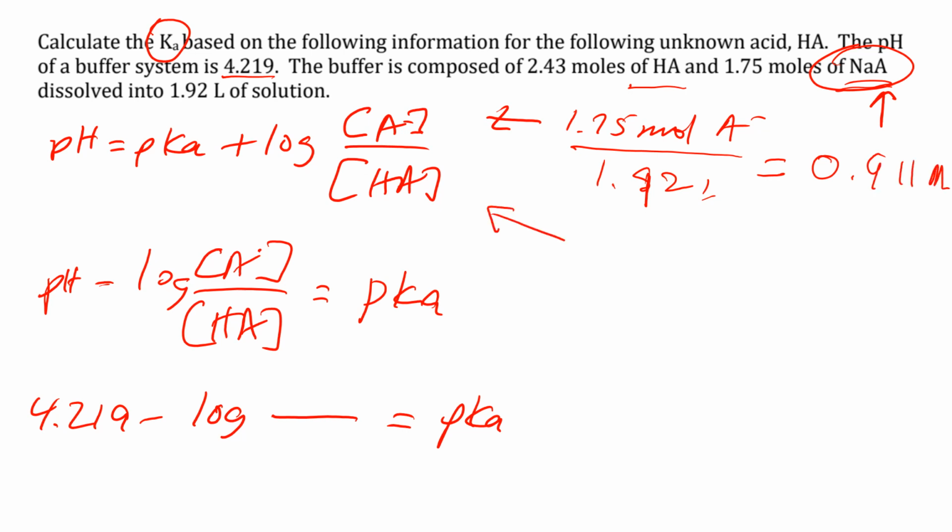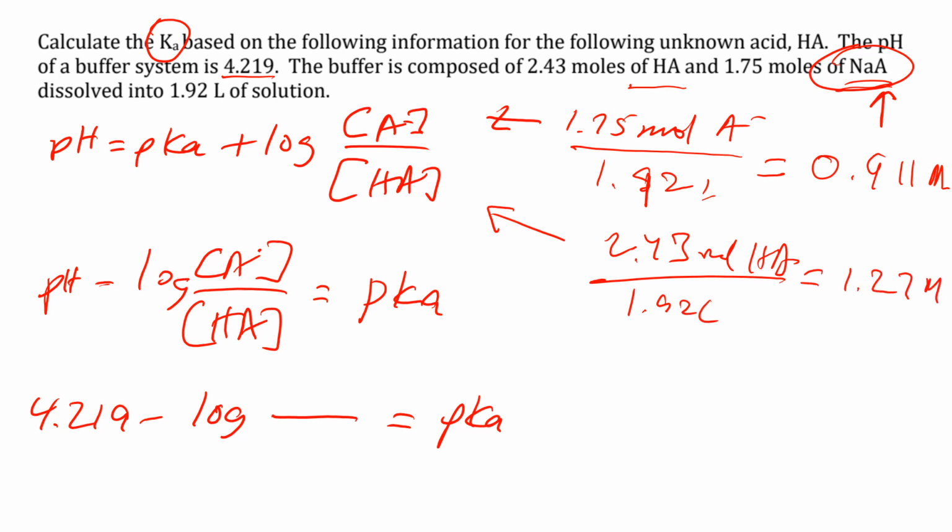Now find the concentration of the acid. It's the 2.43 moles of HA divided by 1.92 liters, which is 1.27 molar. I'm going to plug all that in here: 0.911 divided by 1.27.